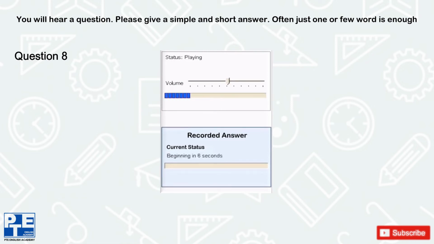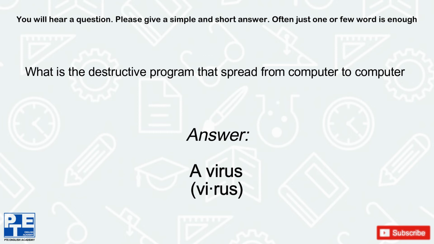What is the destructive program that spread from computer to computer? Answer: a virus.